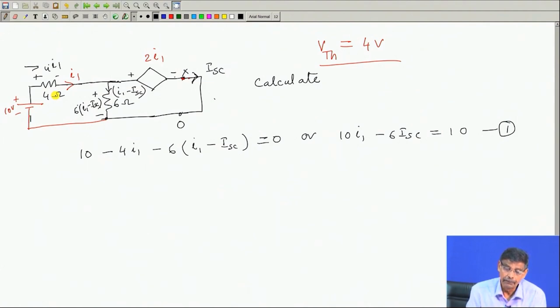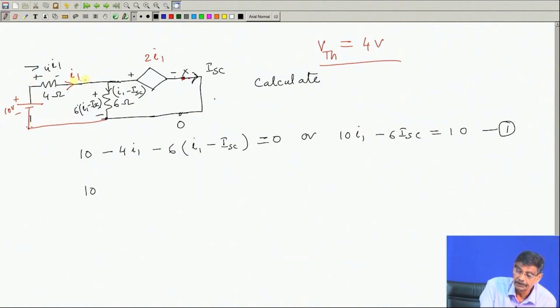Similarly, you apply the KVL equation in the outer loop, or in this loop, whichever independent loop. So, if I apply it in the outer loop, it will be from this to this point, 10.